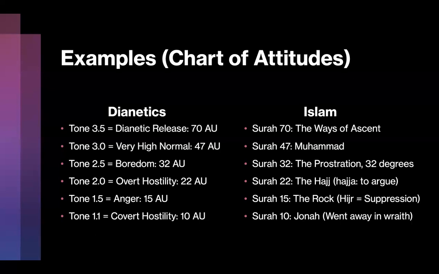Yes, sir. So when we meet someone who is at 2.0, we know they're overtly hostile. We might be able to go into Surah 22 and find some processing. Who knows? It's a possibility, correct? That's right.